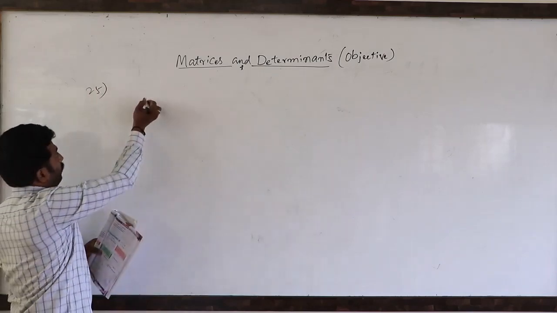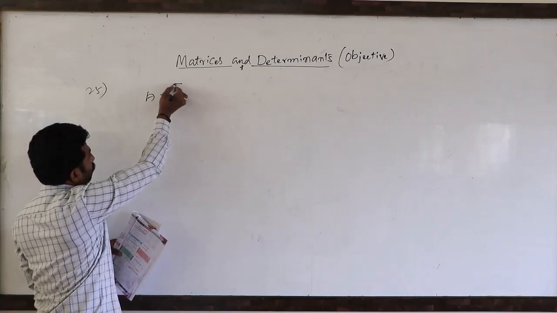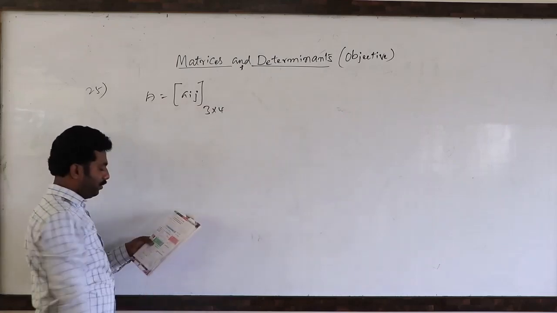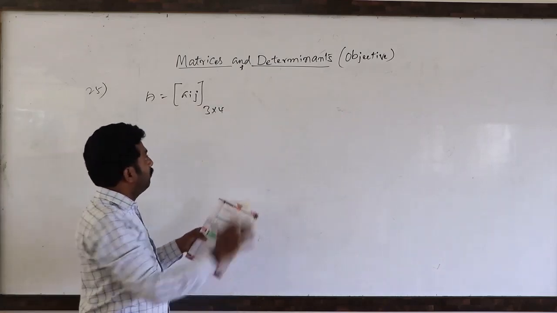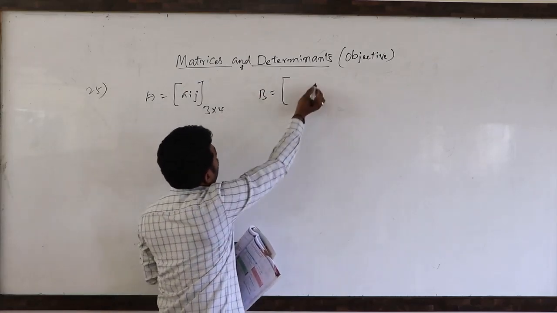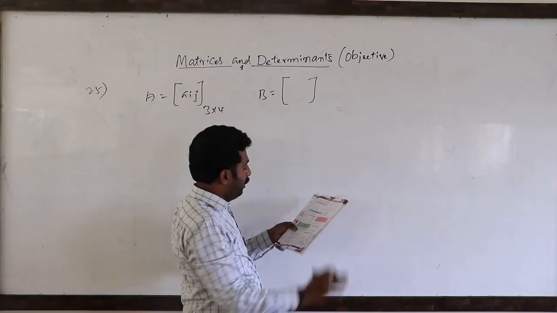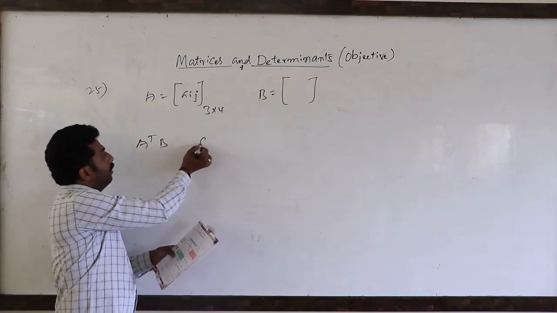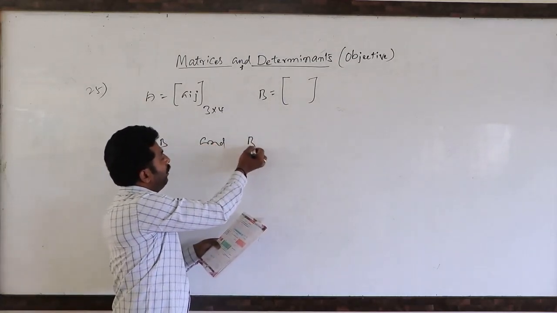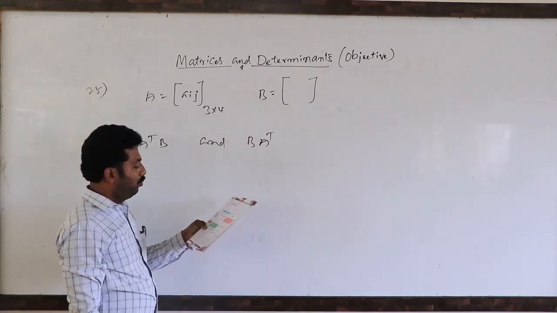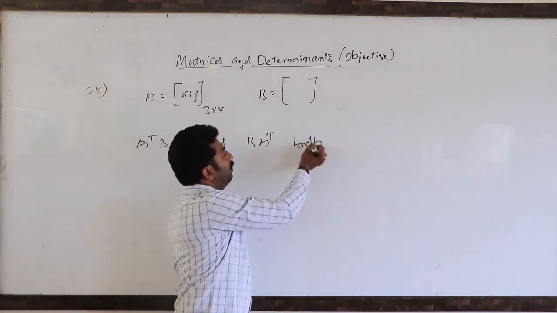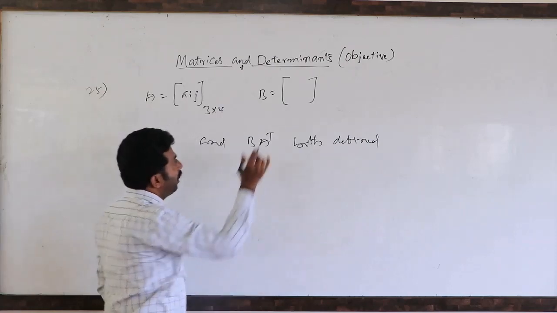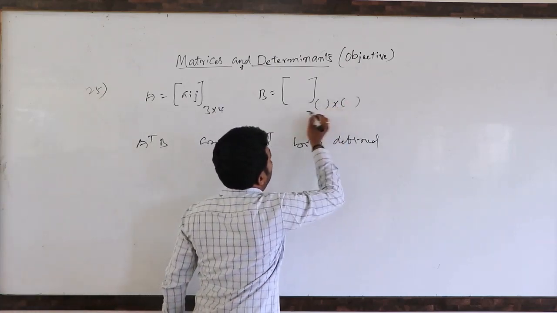If A is a matrix, for example I am taking A of order 3 by 4, and B is a matrix such that A transpose B and B into A transpose are both defined, then what is the order of the matrix?